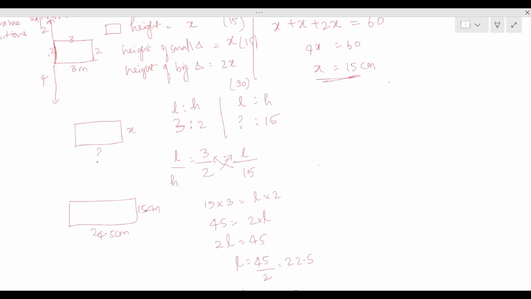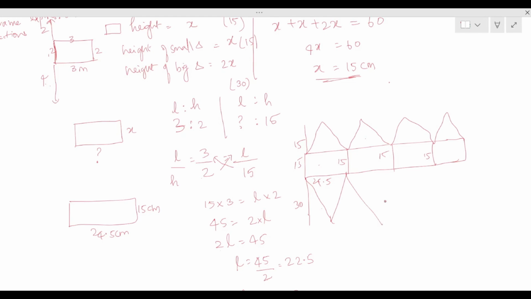So let's check if the model is exactly fitting. So we have a rectangle having a dimension of 15 centimeters each, and then 22.5, and then this is again 15, and the top height is 15 and the bottom height is 30. And here are 4 triangles, so we can check if the 4 triangles have the same height.